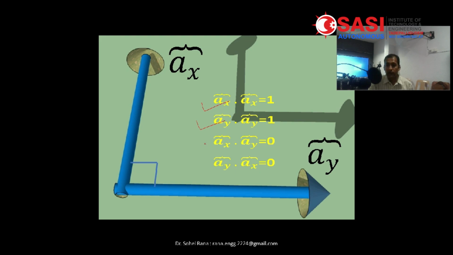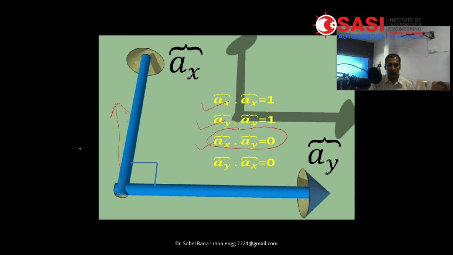Similarly, if we take the dot product of different coordinate directions, it will give the answer 0. So if we take ax cap dot ay cap, it will be 0. Even if we consider the third direction, say z in vertical, if we take its dot product with any other direction, that will also become 0.